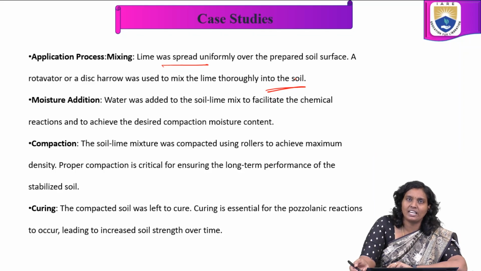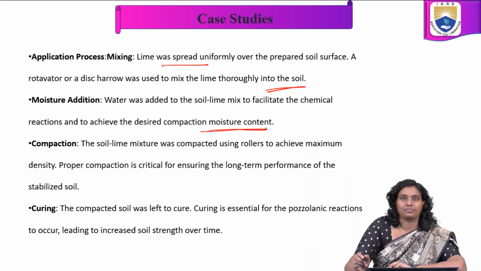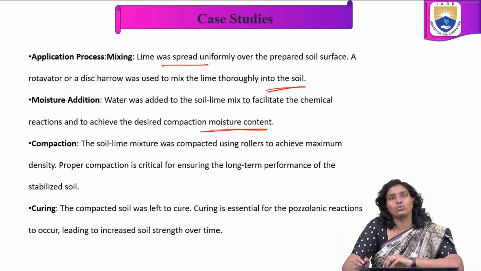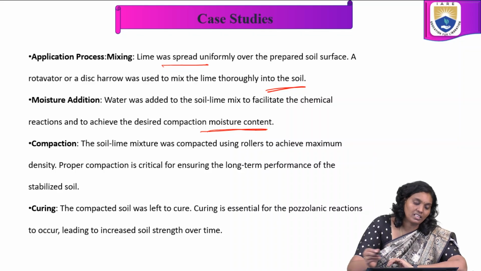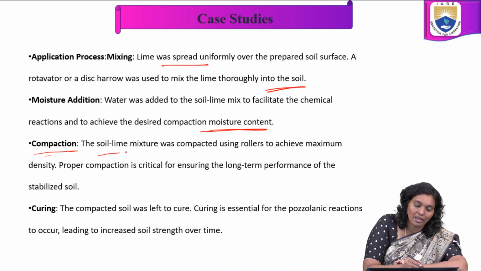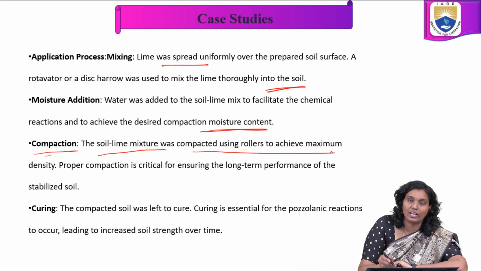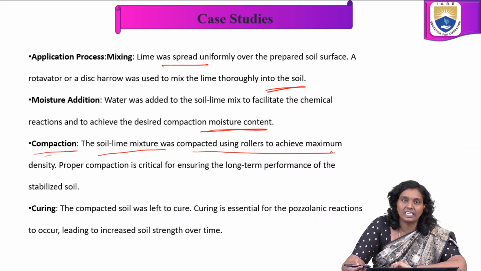In moisture addition, water is added to the soil-lime mix to facilitate the chemical reactions and to achieve the desired compaction moisture content. In compaction, the soil-lime mixture is compacted using rollers to achieve maximum density.